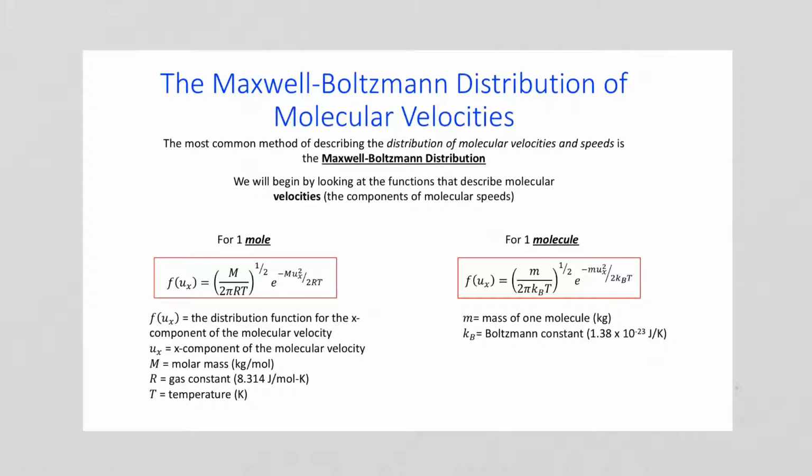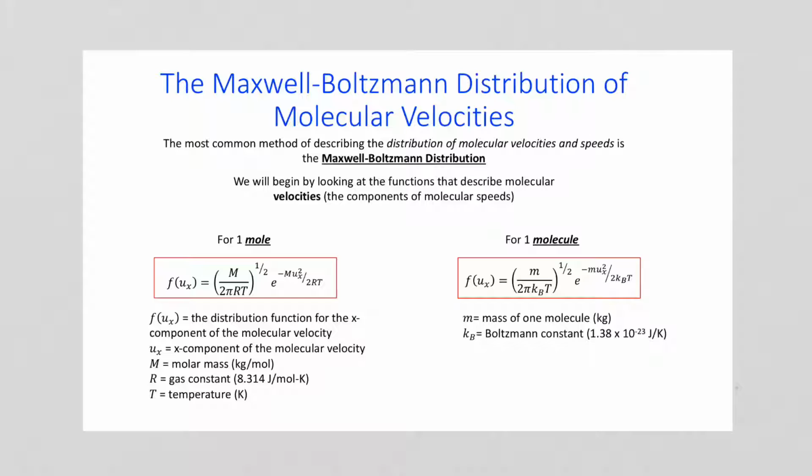If you're talking about things on a molecular level, like individual molecules of a gas, then we want to modify that equation a little bit so that we're on a molecular scale. So here we'll just replace the big M with our little m, which represents the mass of one molecule in kilograms.